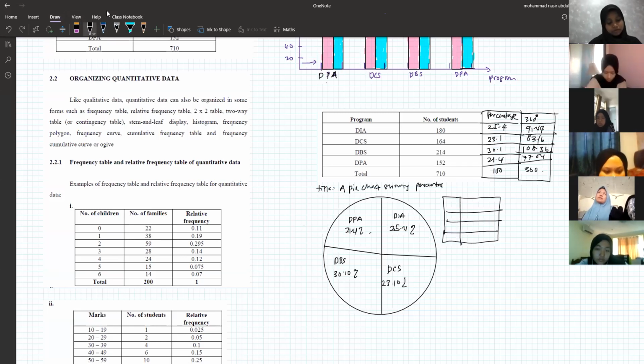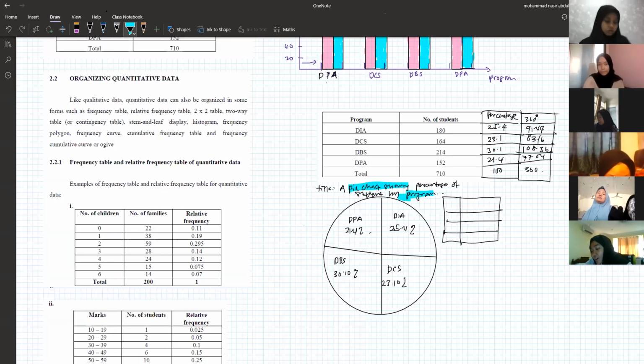Percentage of students by program. So remember again, the title should have the name of the chart and the variable involved. So this is the important element in writing the title of the graph. So far, do you have any question?